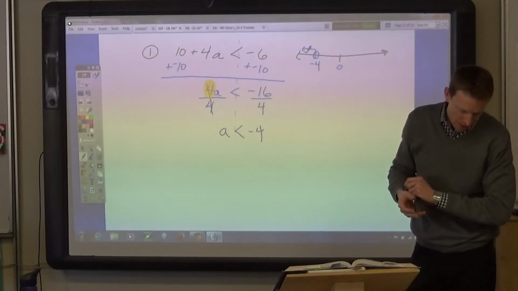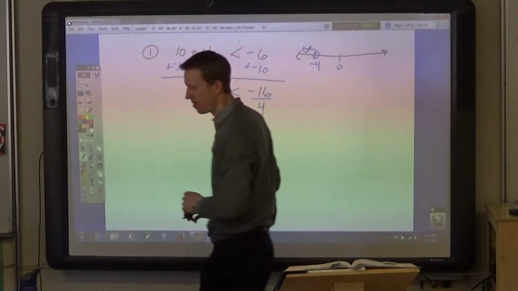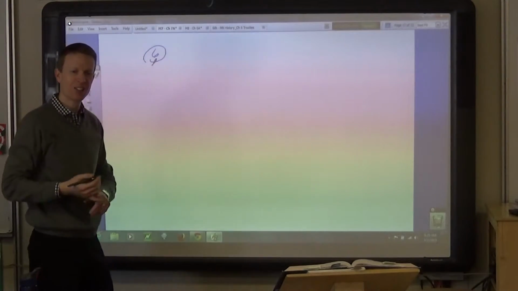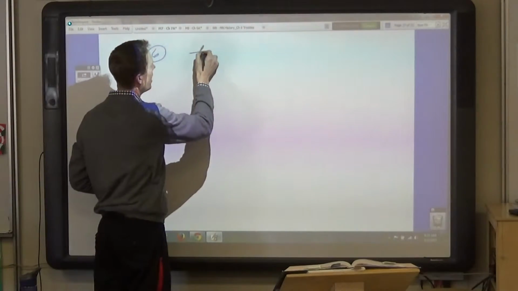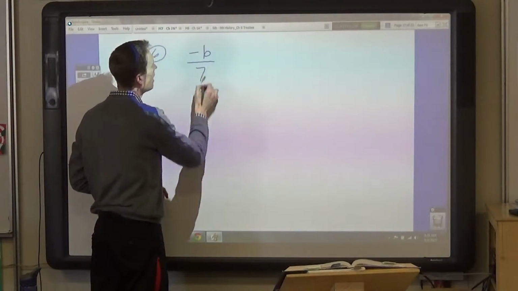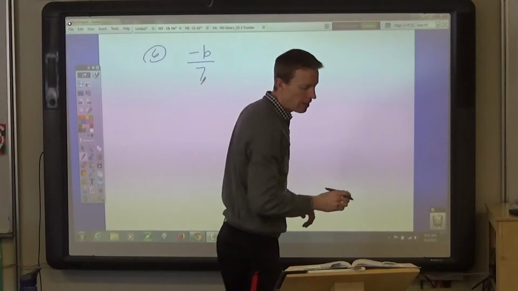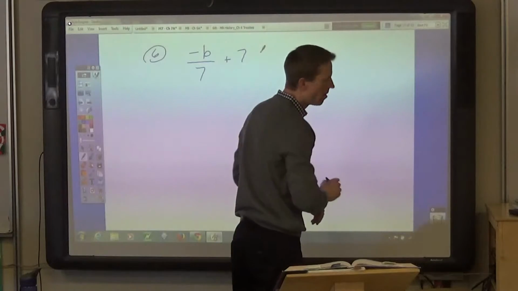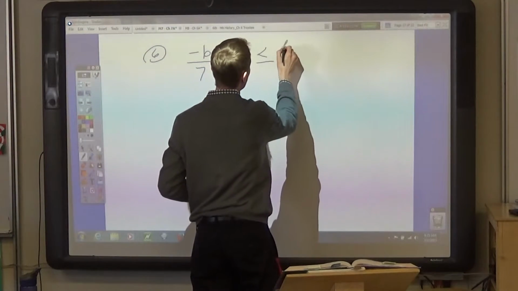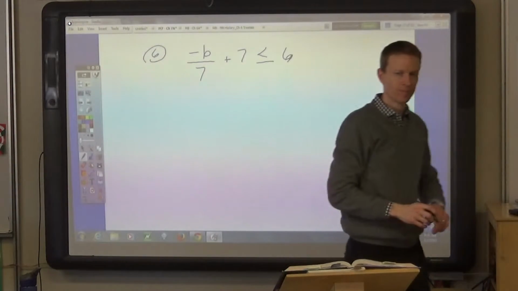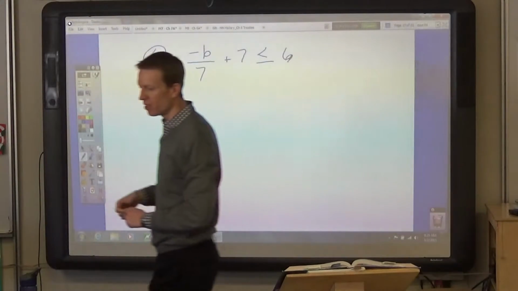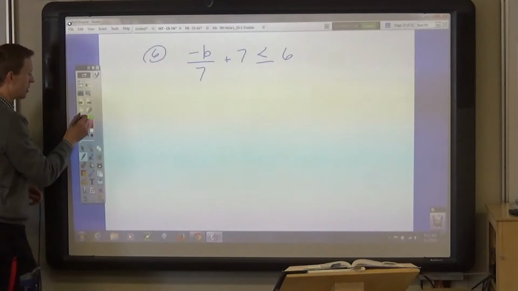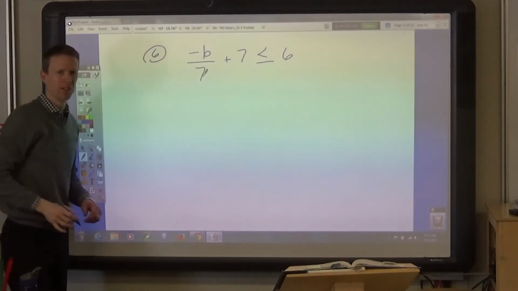Skip down to number 6. Number 6 has a fraction: negative b over 7 plus 7 is less than or equal to 6. Now this one looks a little bit different. First of all, it just has a variable over a number.